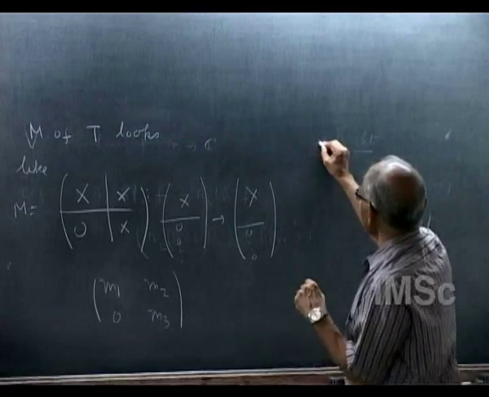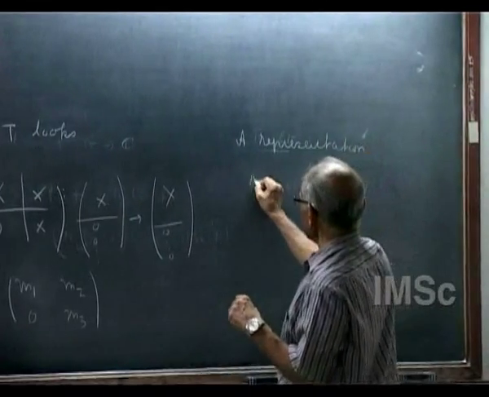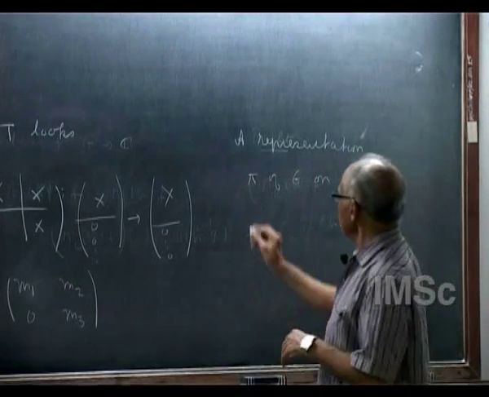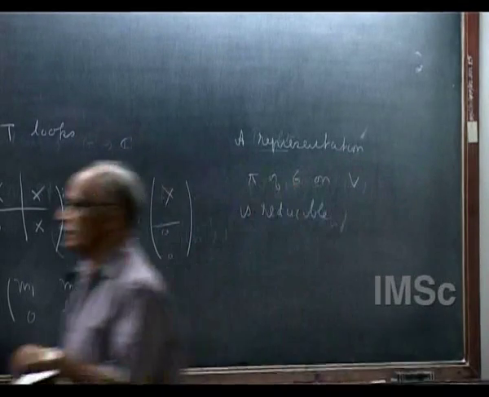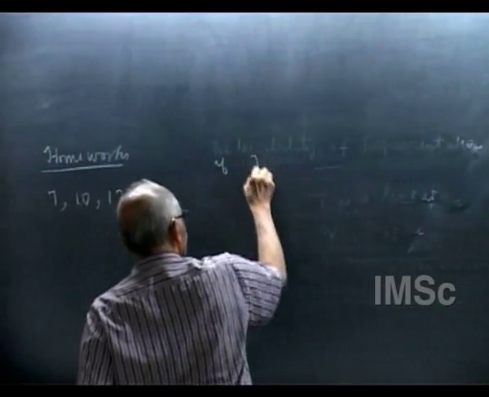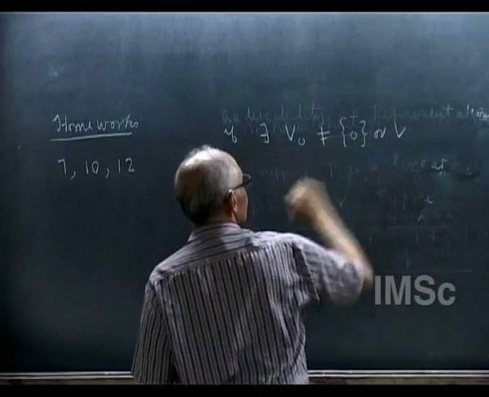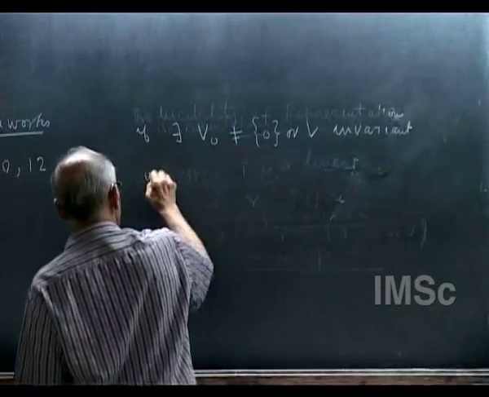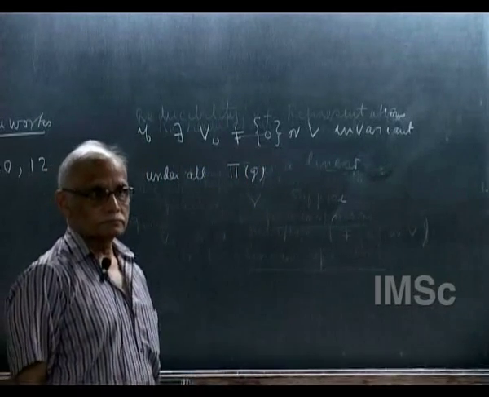So, a representation pi of G on V is reducible if there exists V0, not equal to 0 or V, invariant under all pi of g.